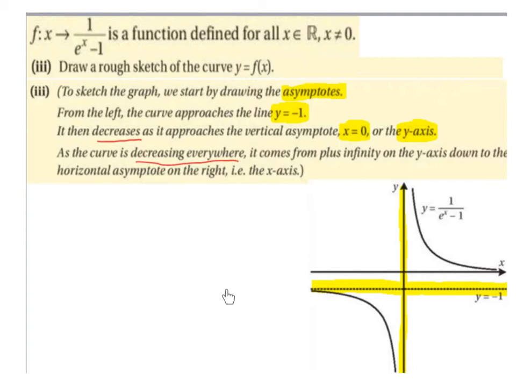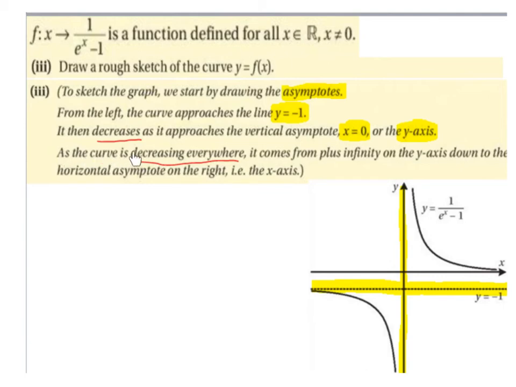So we can see that as we're coming in from the left, our curve is very, very close to minus 1, but it doesn't touch it. It then decreases as it approaches the vertical asymptote x equals 0, or the y-axis. So it then decreases and gets closer and closer to the y-axis, but it doesn't touch it.